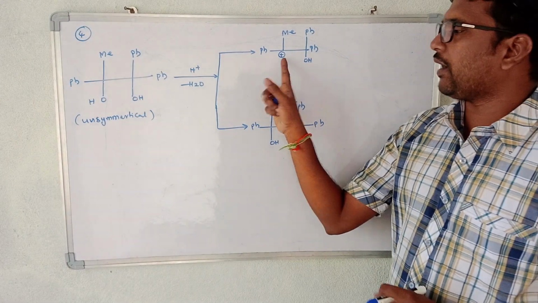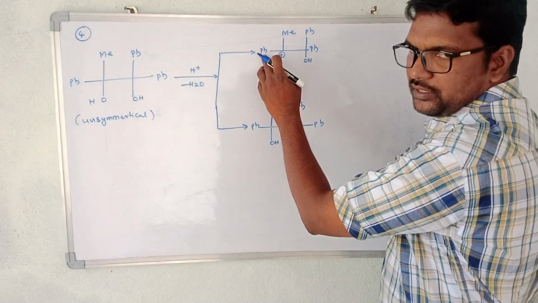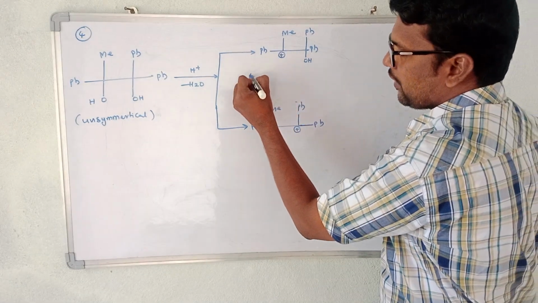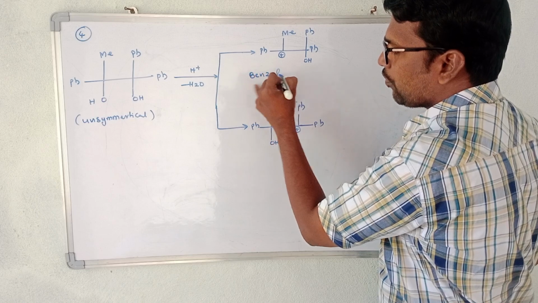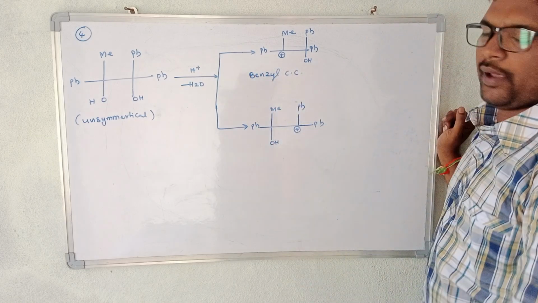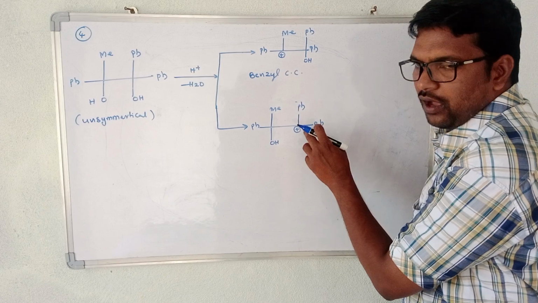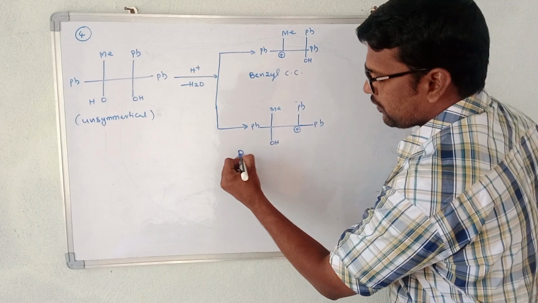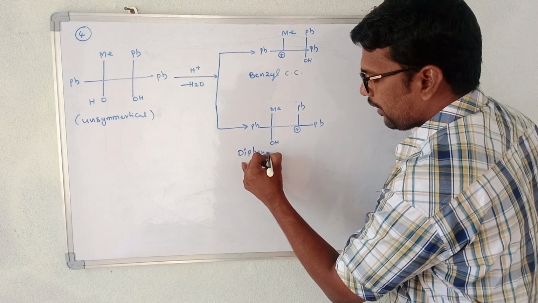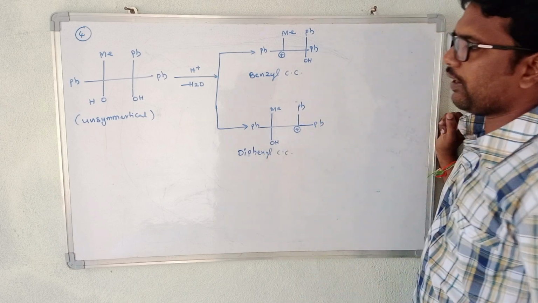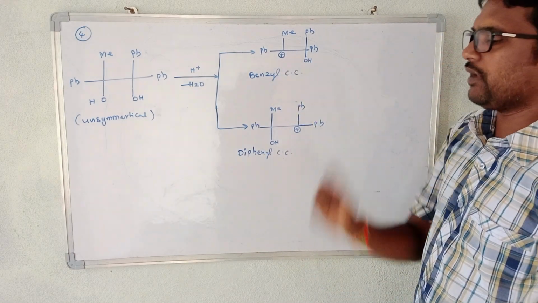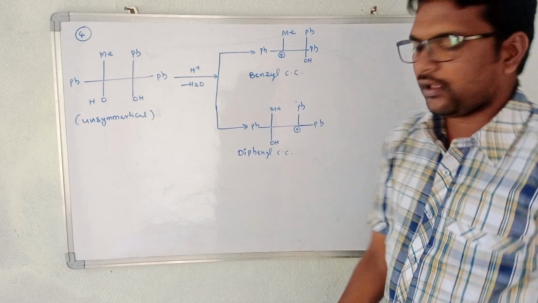In one, Ph means C6H5, and the positive charge is on that carbon. It is a benzyl carbocation. Now on the other carbon, two phenyl groups are present, so it is a diphenyl carbocation. Here you get two different types of carbocations: the benzyl carbocation and the diphenyl carbocation.